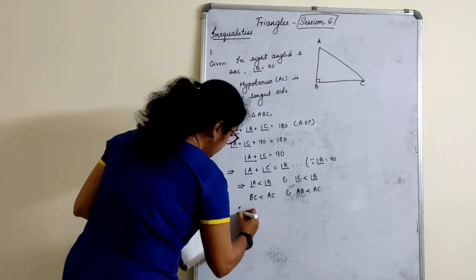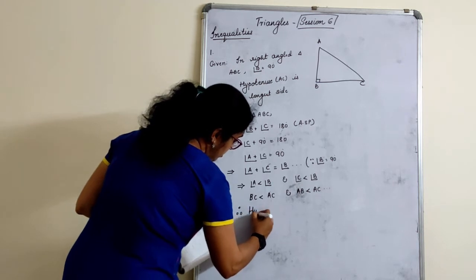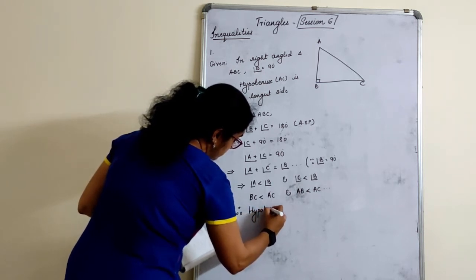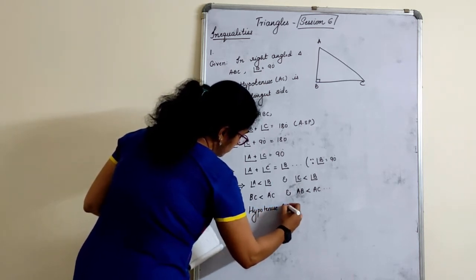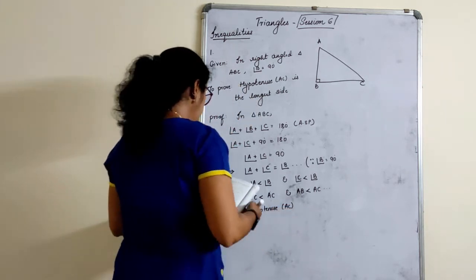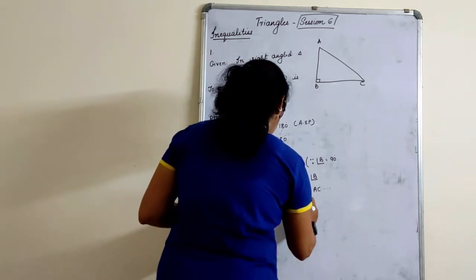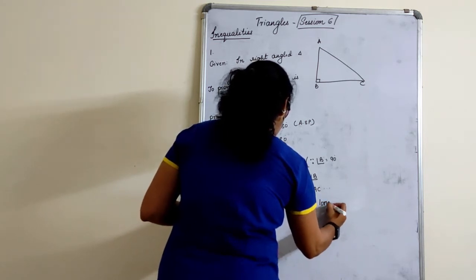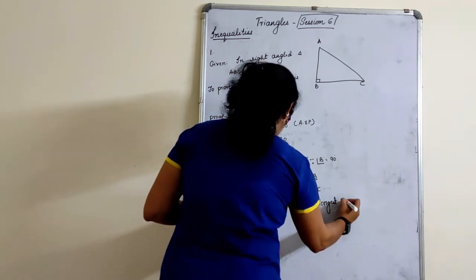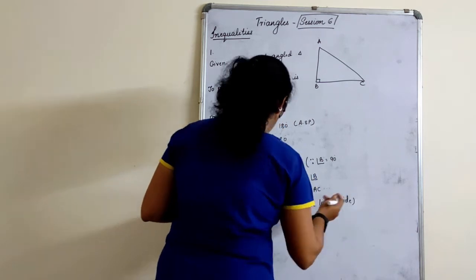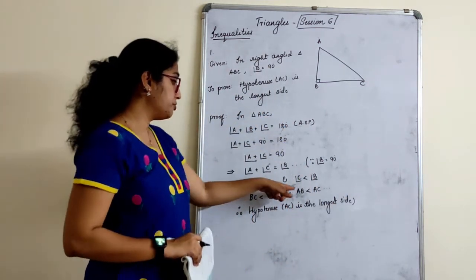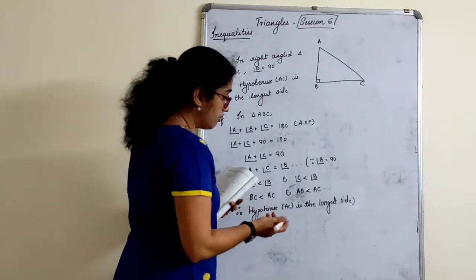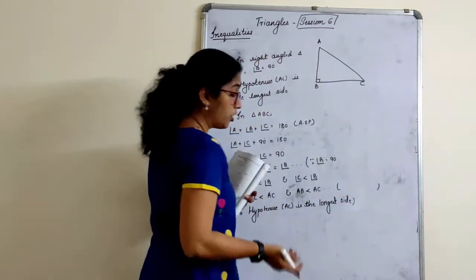Therefore, hypotenuse AC is the longest side. Sides opposite to greater angle is greater. You can just write here, children, if you want the reason.